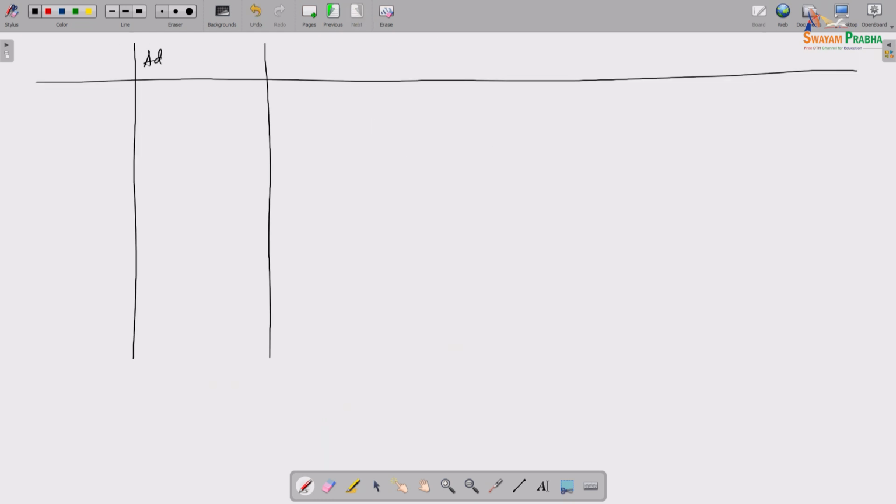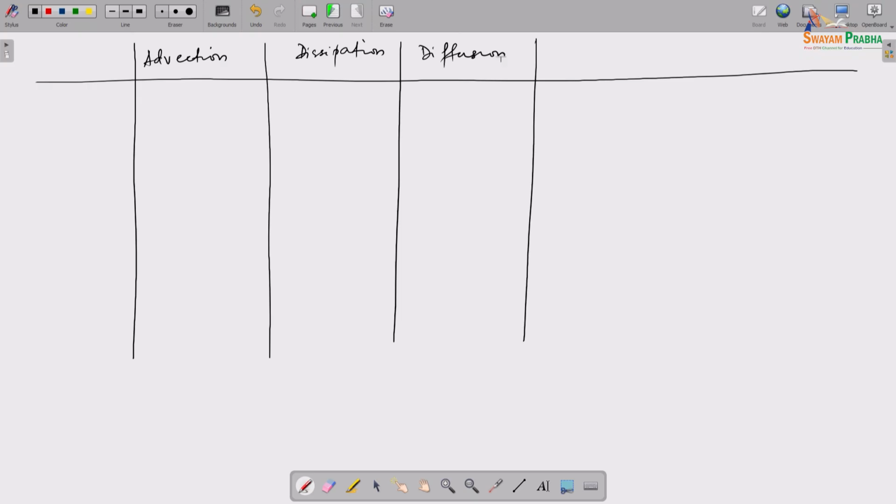So this is advection, dissipation, diffusion, and production, okay?